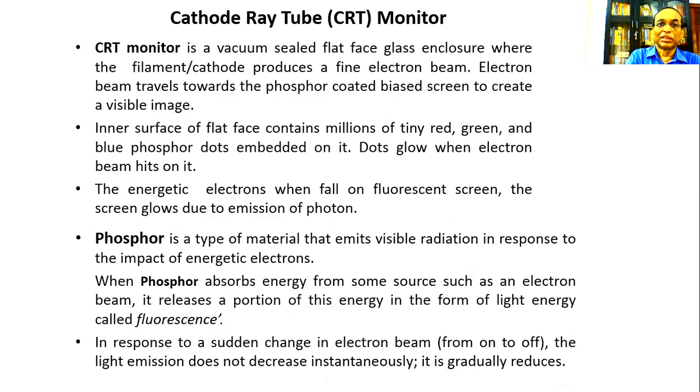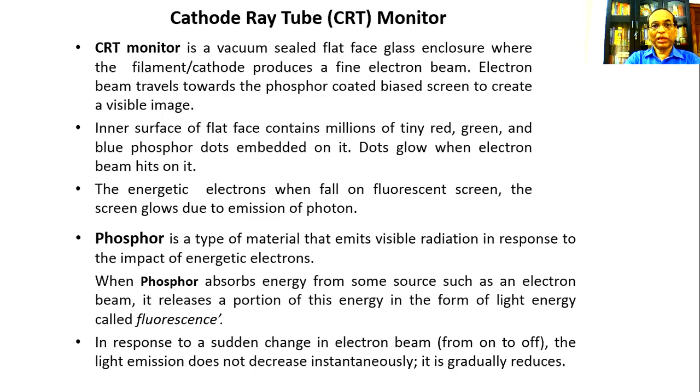Cathode ray tube CRT monitor. A CRT monitor is a vacuum sealed flat face glass enclosure where the filament cathode produces a fine electron beam. It is usually an indirectly heated cathode, and the electron beam travels towards the phosphor-coated biased screen to create a visible image.